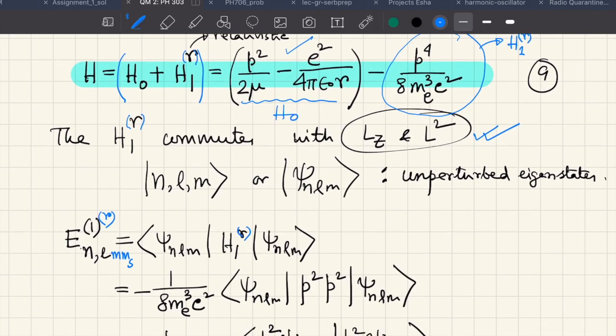So this turns out to be a calculation to figure out the expectation value of the momentum to the power 4 operator in this eigenbasis.